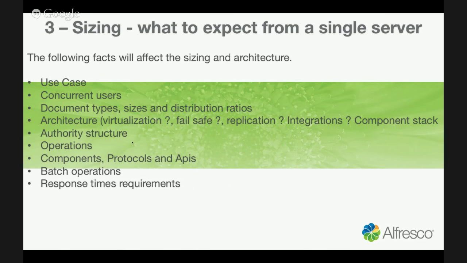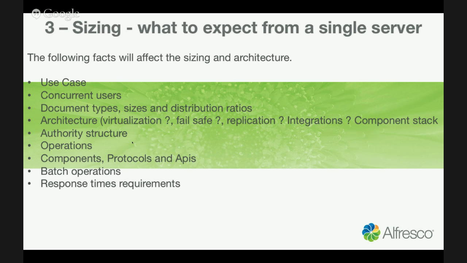So what will affect the sizing and the architecture that you should use for your project? The use case, of course, the number of concurrent users, the document types, sizes, and distribution ratios, the architecture of choice. Are you using virtualization? Are you using physical machines, bare metal? Should the architecture be fail-safe? Are you using replication, integration with third-party components? What is the component stack?